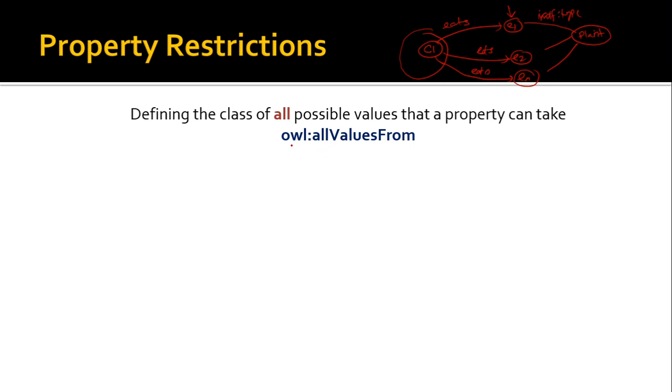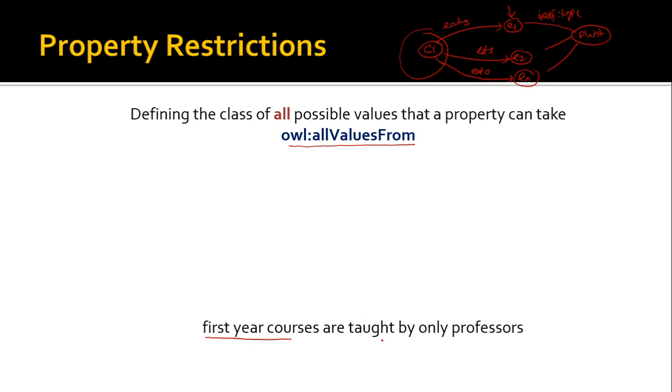So for that we will be using this construct, allValuesFrom. Let us define something like: first year courses are taught by only professors, right? We are trying to define the class first year courses, and what we know is that they are taught by only professors.